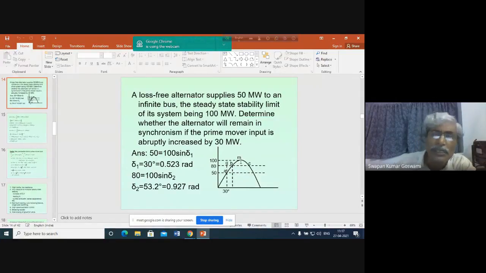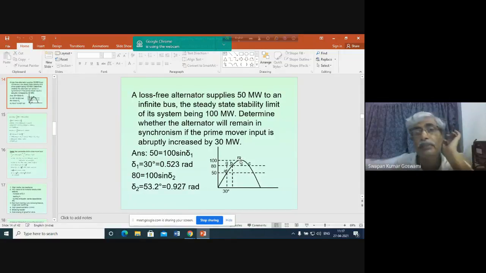And then again it will start the backward swing. Okay, it will move in the backward direction. But we are interested in the first swing only. So in the first swing, delta perhaps will be moving up to this point here. So you can easily calculate this.